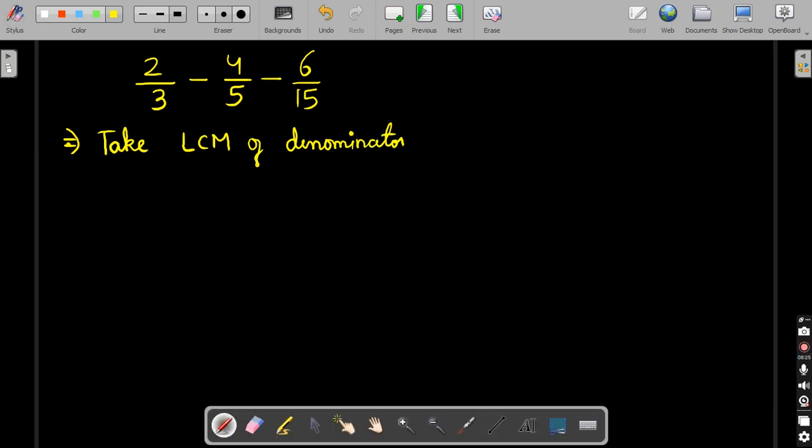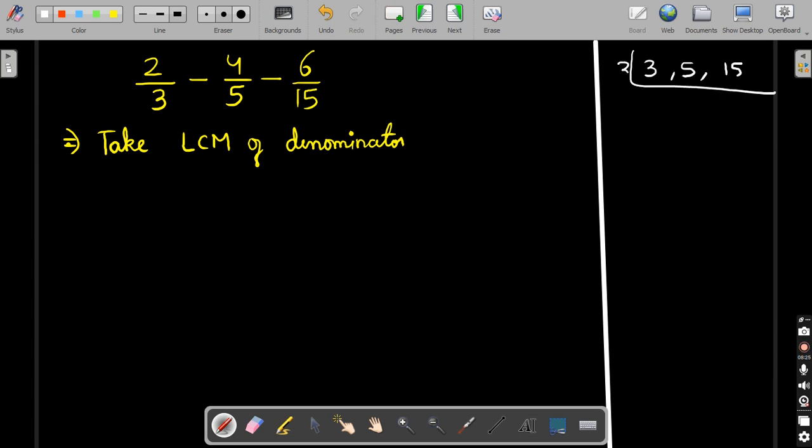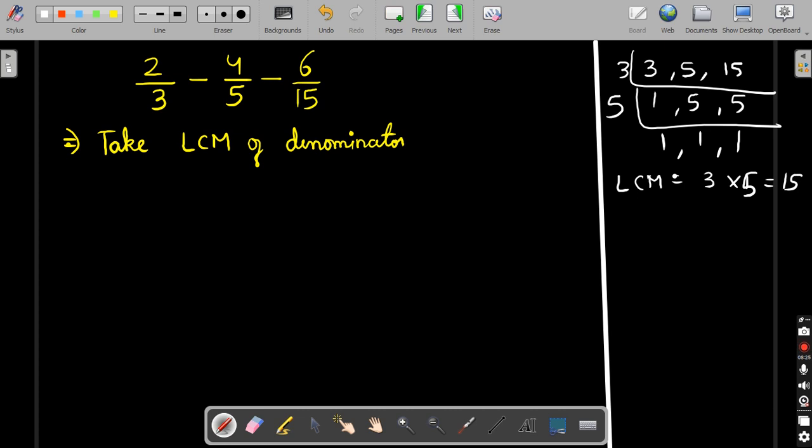Let me draw a rough line here. Now let us start. 3, 5, 15. 3 1s are 3, 3 5s are 15, 5 1s are 1s. Clear, student? What is the LCM we have got here? The LCM is 3 into 5, 3 5s are 15.